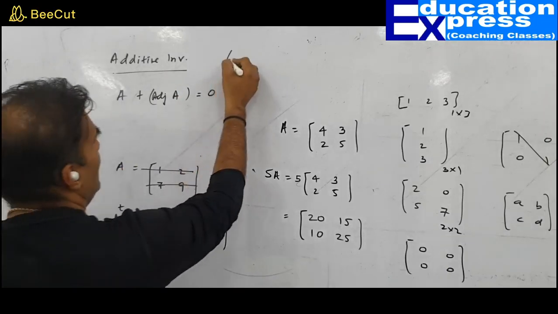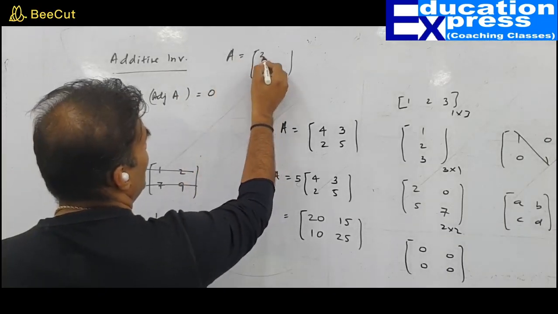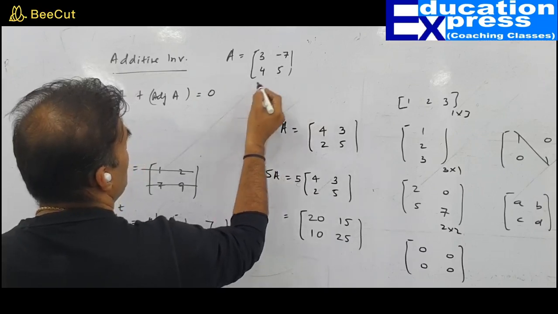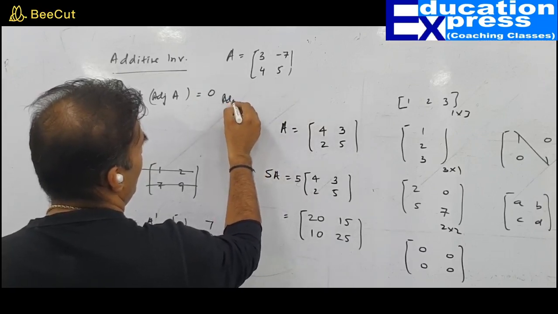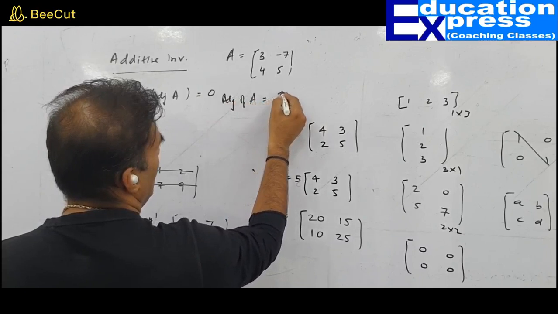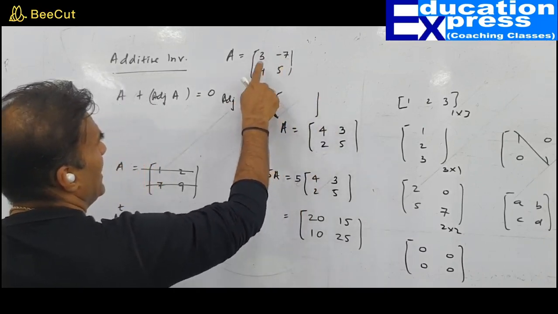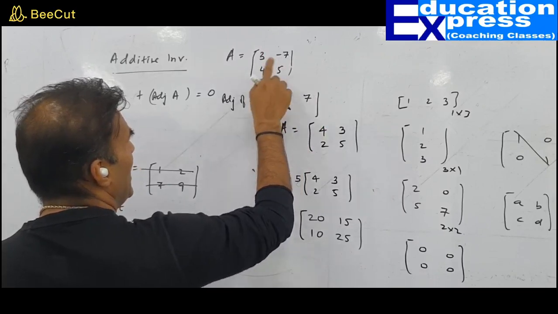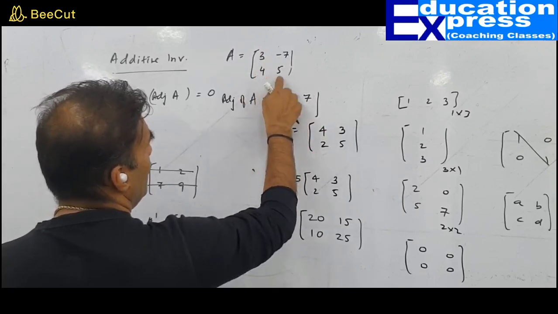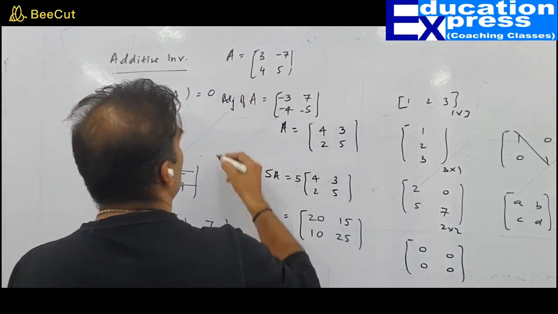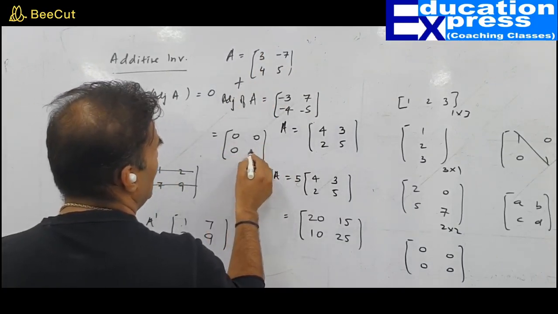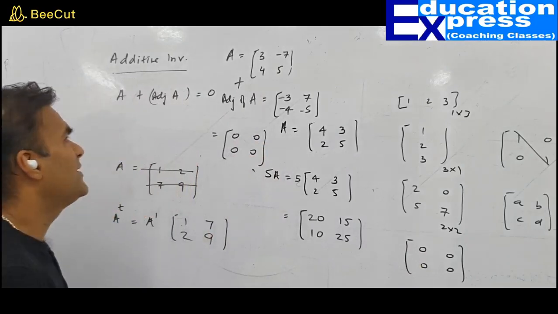For example, if matrix A is 3, minus 7, 4 and 5, then the additive inverse of matrix A would be, please change all the signs. 3 will become minus 3, minus 7 will become 7. Each element will change its sign. Minus 4 and this will become minus 5. So that when you add both of them, what you get is nothing but a null matrix.